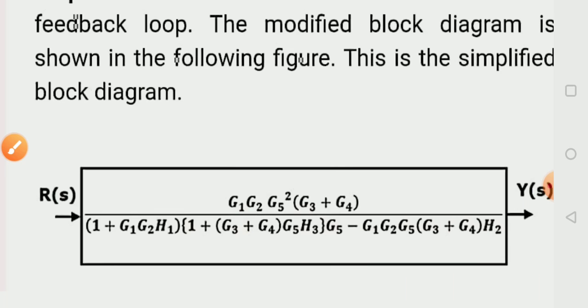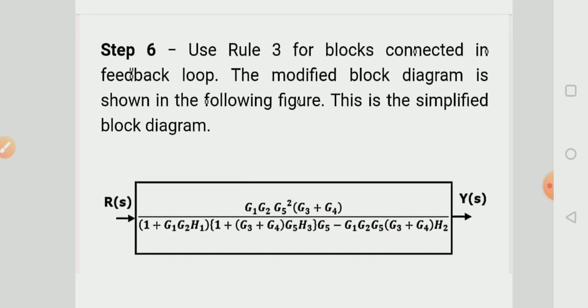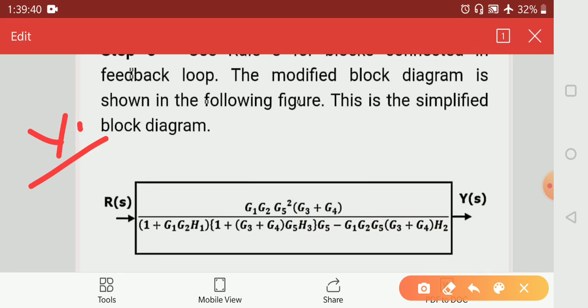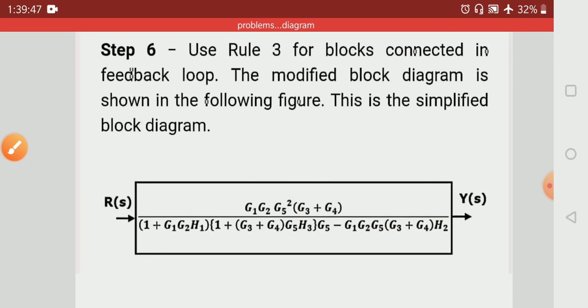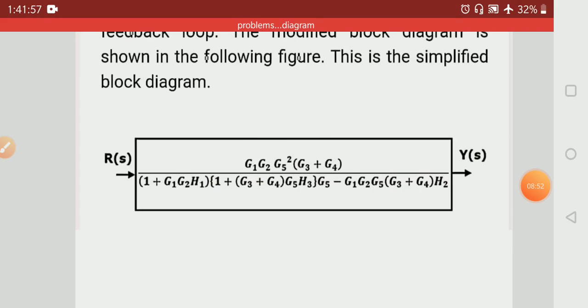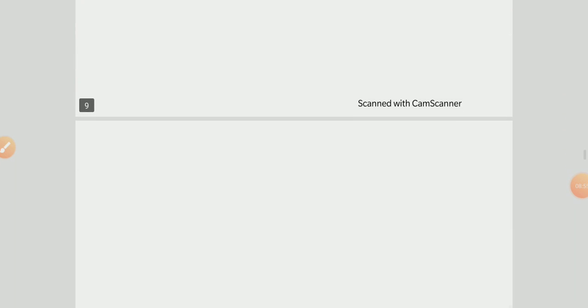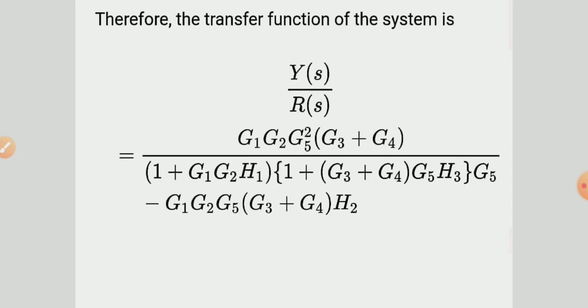So this is the value of our transfer function Y(s) over X(s). By using the block diagram reduction technique, we can solve for the transfer function like this. So the transfer function Y(s) upon R(s) for the system is this.